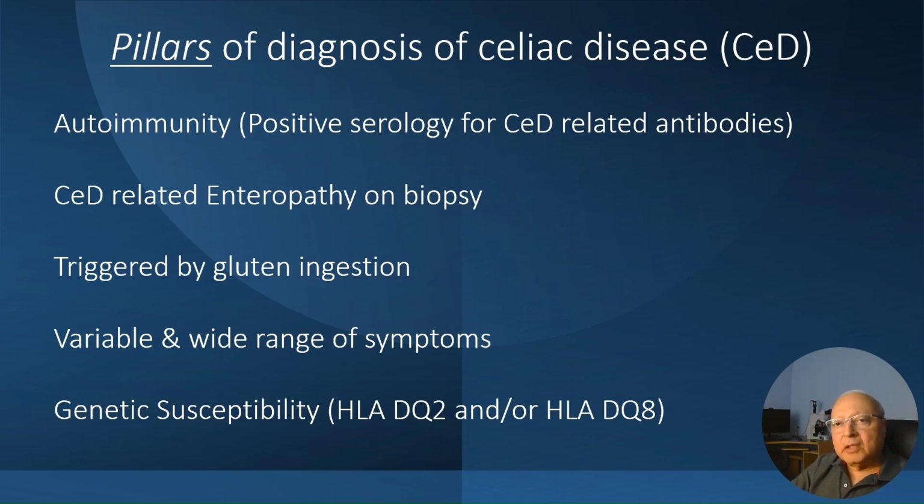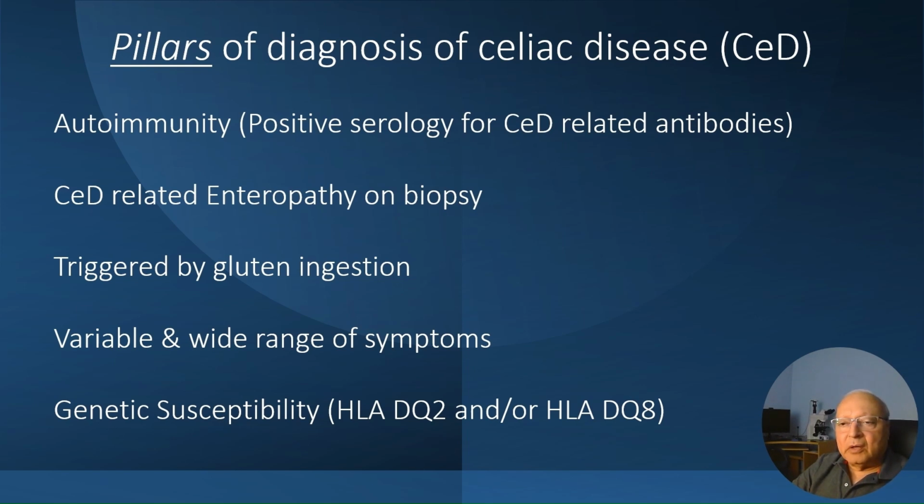Number three, it's triggered by gluten. So if you are not taking gluten or you are on a gluten-free diet, all the changes will revert. With time, with prolonged gluten-free diet, the duodenal biopsies become more and more resolved or normal appearing. And so does the serology. It decreases to borderline and then back to normal levels.